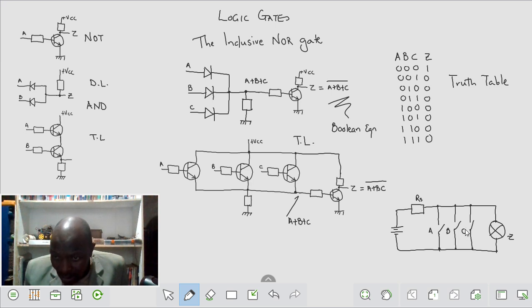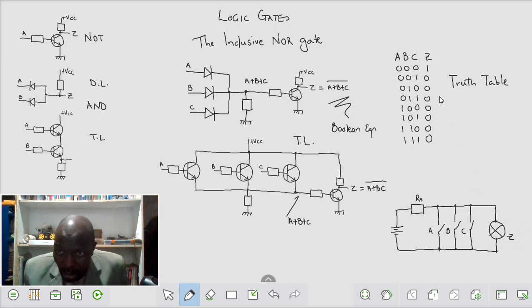So what have we done here? Our parallel circuit is the OR, but now the parallel circuit has been made parallel to the what? Our parallel switches have been made parallel to the load. So closing any one of them here is going to create a scenario where we are eliminating our what? Our output. Remember, if you close this or close that or close that, we actually shunt out our output.